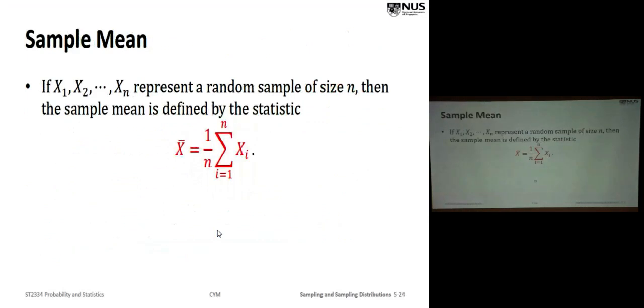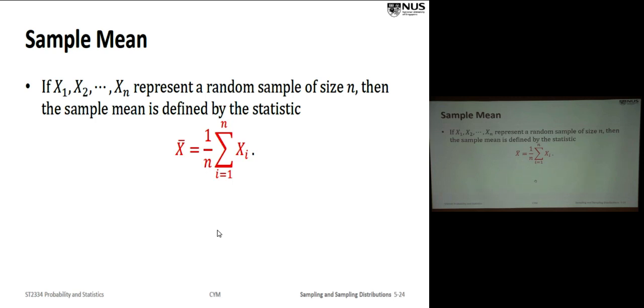Let's see an example: the sample mean. Hopefully those loads that I showed you, which are non-examinable but still very interesting, exemplify why the sample mean is so important in practice. There are of course many problems with using the sample mean, but we won't talk about those right now. If you have X1 up to Xn, a random sample, which just means an IID sequence of random variables of size little n, then the sample mean is the average of those random variables.